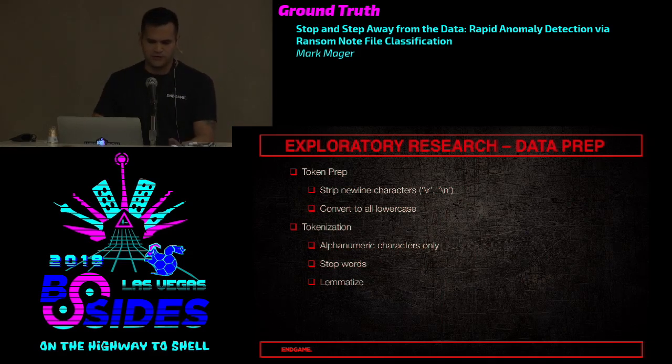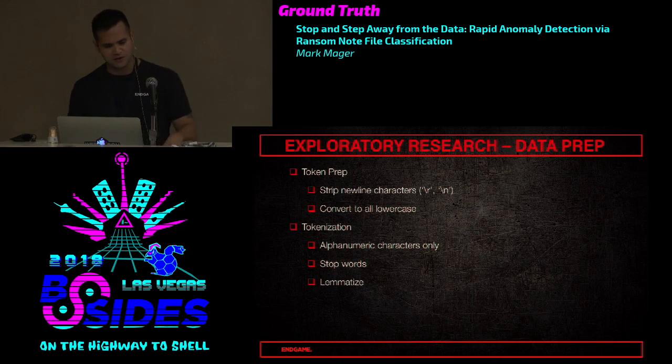Then we're going to only take into account alphanumeric strings. And then we're going to lemmatize the strings and basically convert them to a more generic form of the specific word.